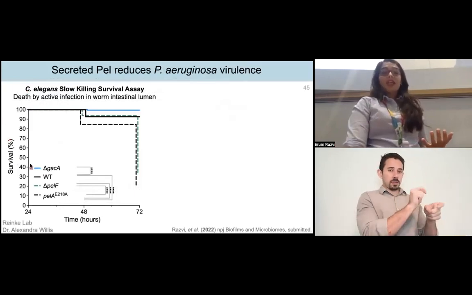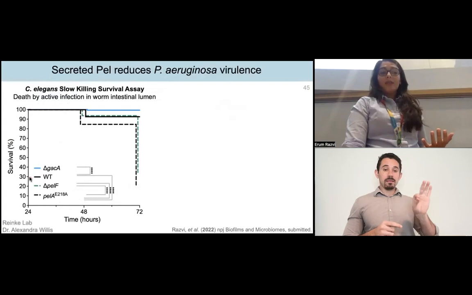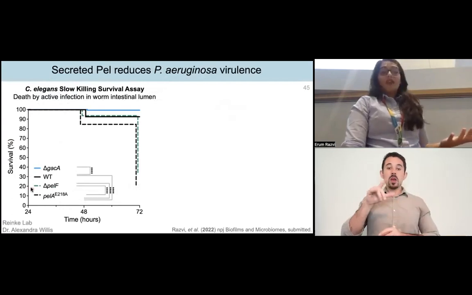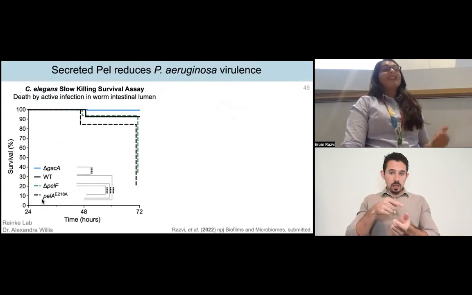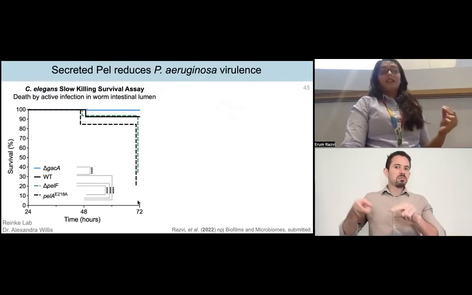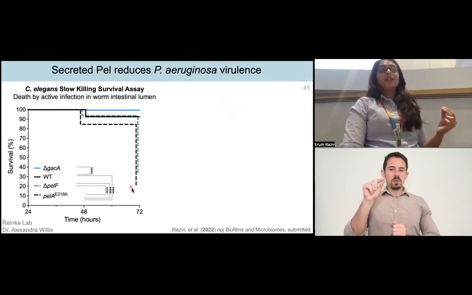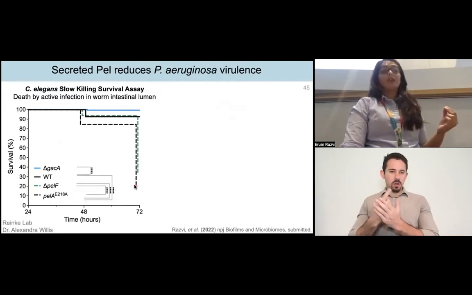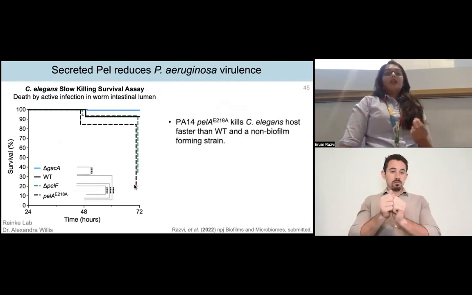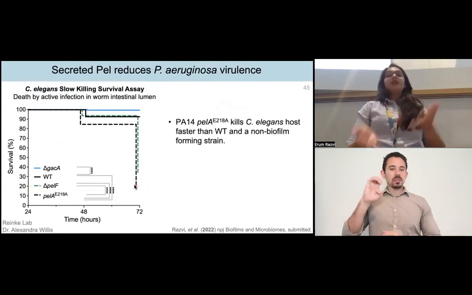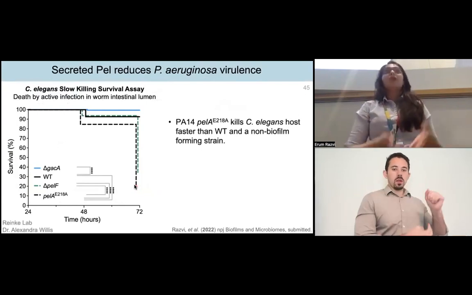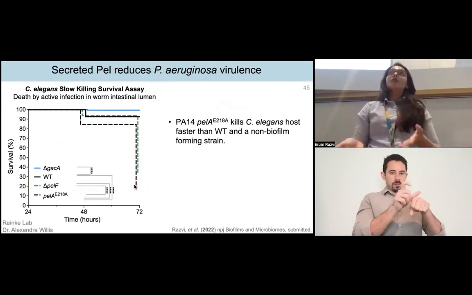So relative to an avirulent control, wild type, and delta PelF, a non-biofilm forming strain, the hydrolase mutant had significantly increased killing kinetics. So there was only about 20% worm survival after 72 hours. So the hydrolase mutant kills a C. elegans host faster than both wild type and a non-biofilm forming strain.